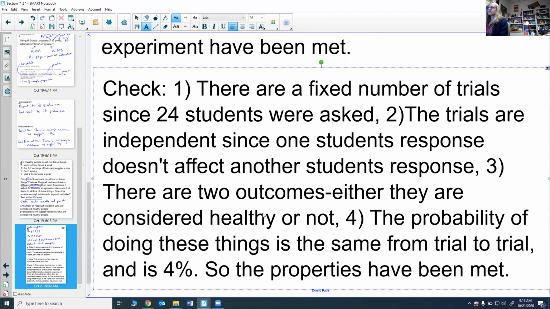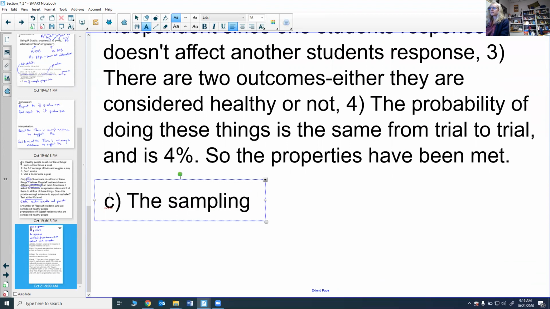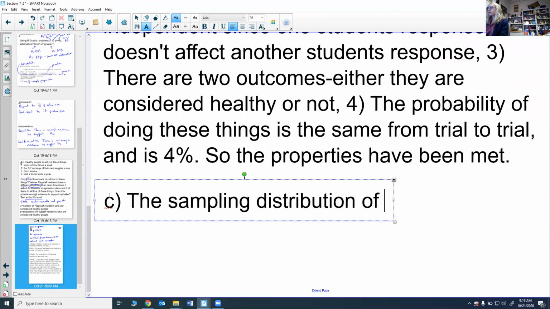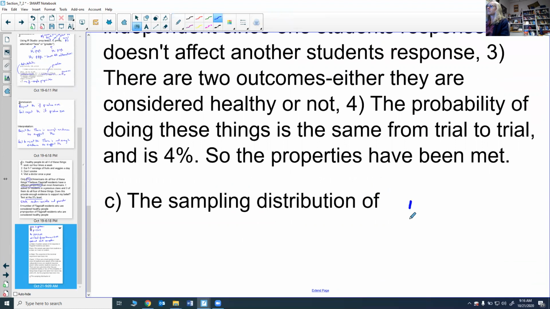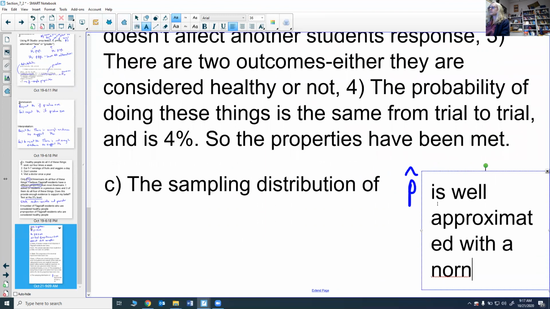So we have that requirement. Now we have one more requirement. So the last requirement is that the sampling distribution of p hat, which is your sample proportion, is well approximated with a normal distribution.